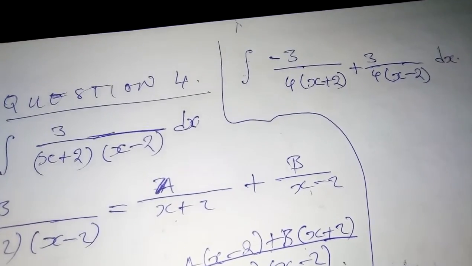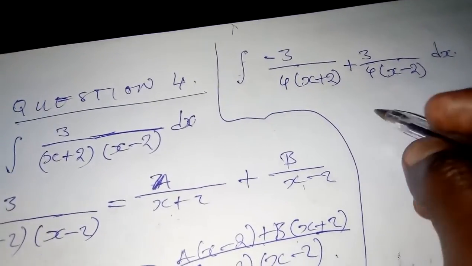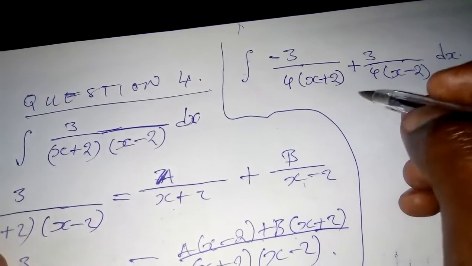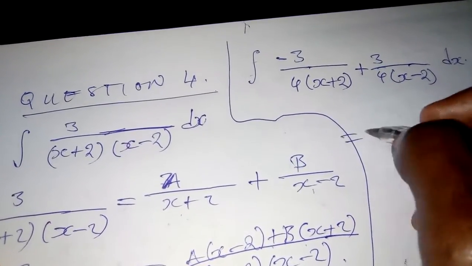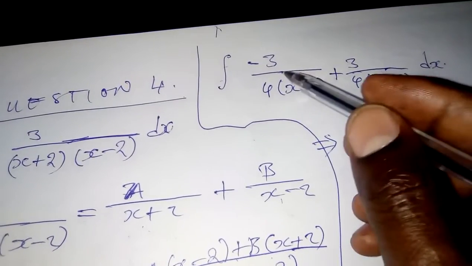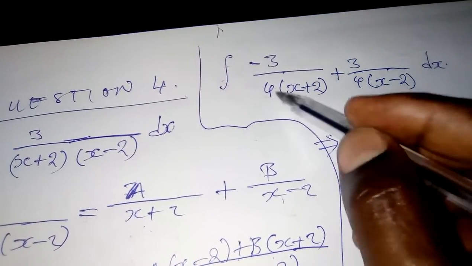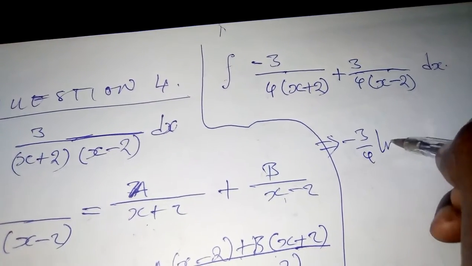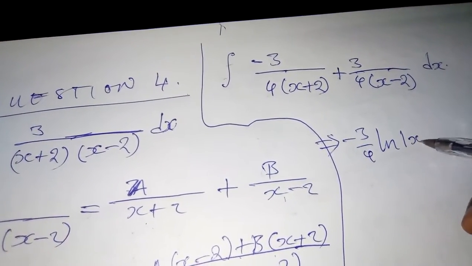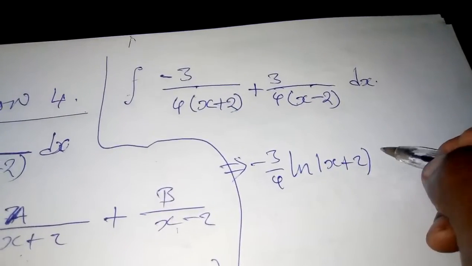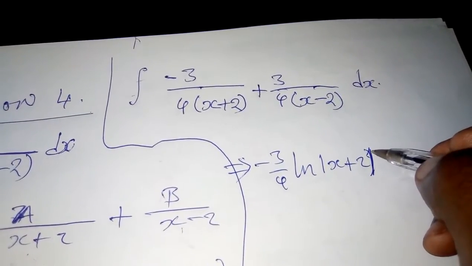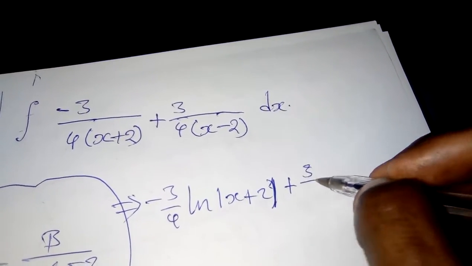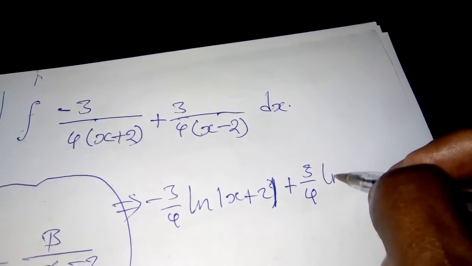So to integrate this, it's now easier to integrate. I'm going to have my final answer to be equal to, when I integrate negative 3 over 4 over this, negative 3 over 4 ln of x plus 2, and then this is going to be plus 3 over 4 ln of x minus 2, like that.